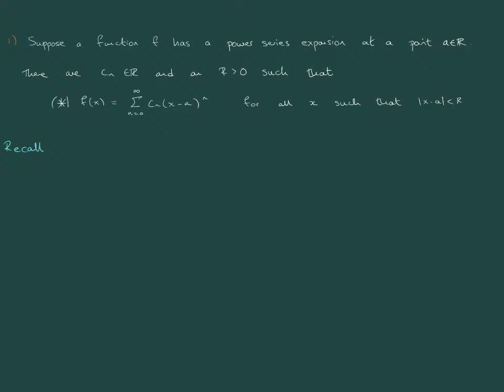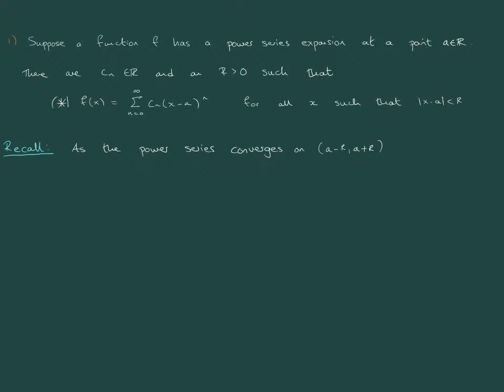So the first thing I want to do is recall our result from lecture C, which says that as the power series above converges on this open interval, in particular, at each point x, it converges to f of x, but that's not important at the moment.